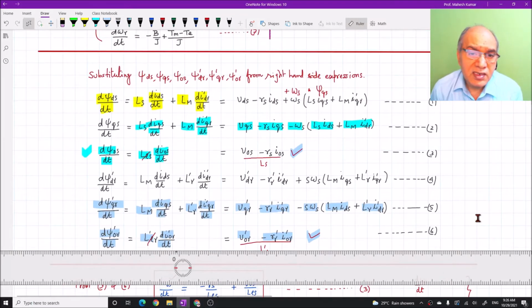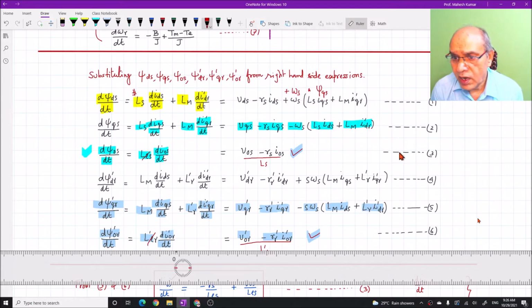By looking at the nature of these equations, we can tell which equations need to be solved together. For example, equation number 1 and equation number 4, we can solve for dids by dt and didr dash by dt, because these two have the same variables.